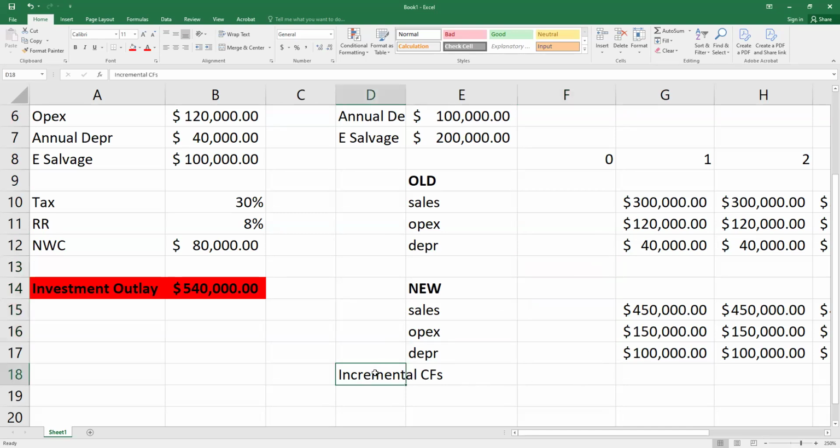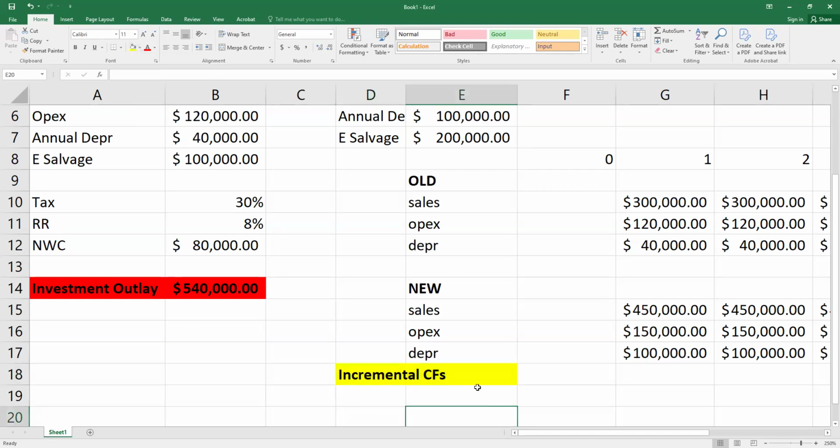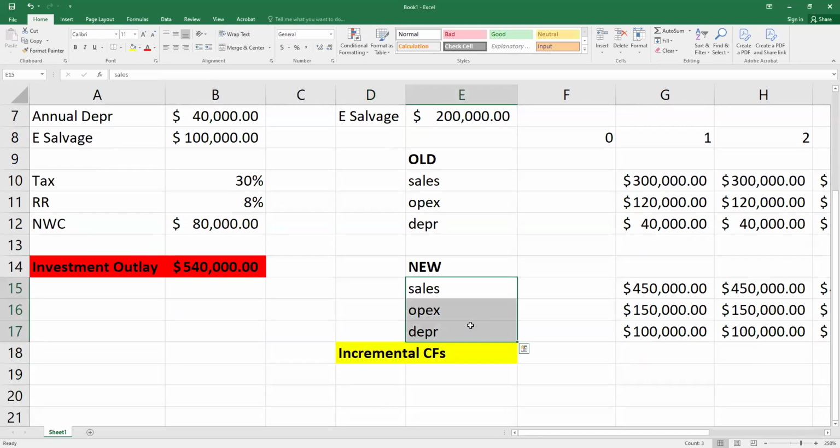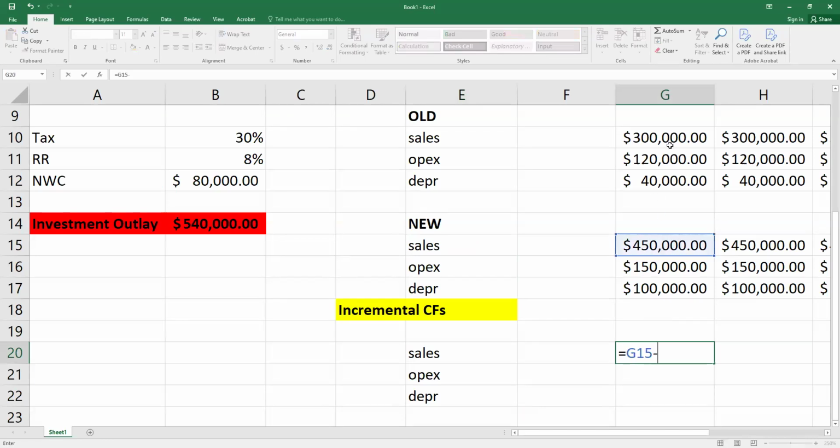And the incremental cash flows here. Okay. And again, I'm going to copy it, sales here. So do you have any questions? Incremental cash flows means we're going to get the differences, new minus old for all years.